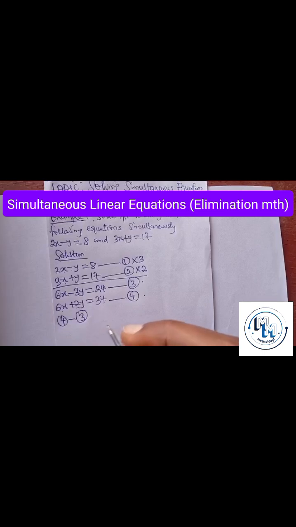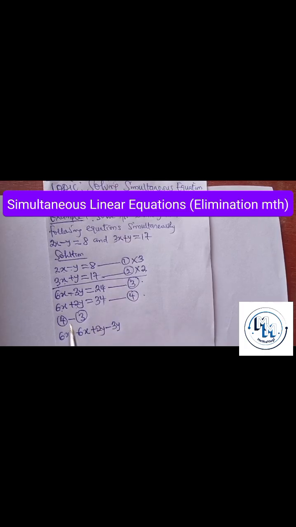Now we have 6x from equation 4 minus that of equation 3. In equation 4, I have 2y minus 3y. Now I'm going by like terms. But listen please.